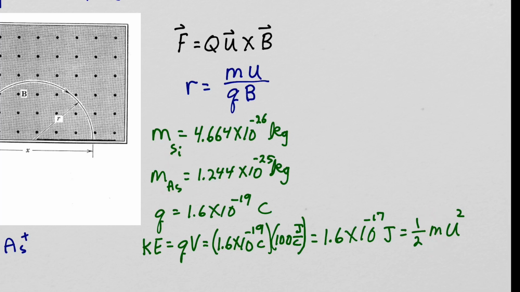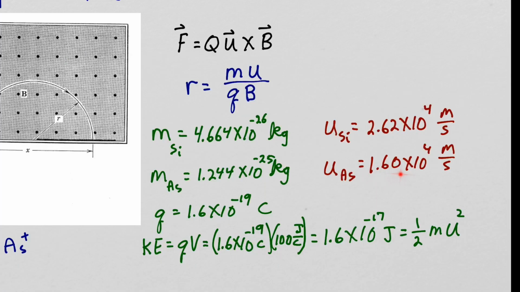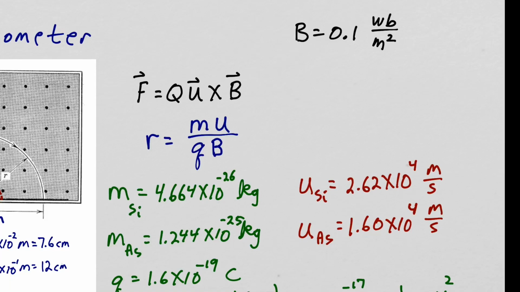If our species is silicon, it will enter the magnetic field region with a velocity of 2.62 times 10 to the 4th meters per second. And if it is arsenic, it will enter the region with a velocity of 1.6 times 10 to the 4th meters per second.